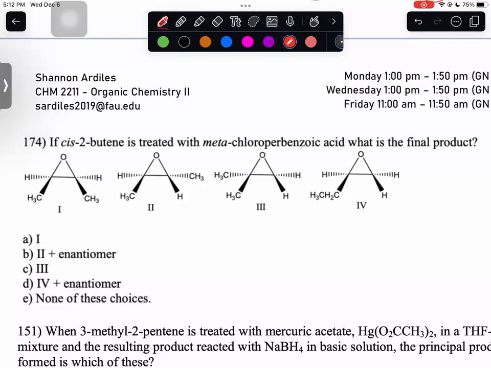Next one. What's the answer for that one? It's your dear MCPBA, which is a peroxy acid.